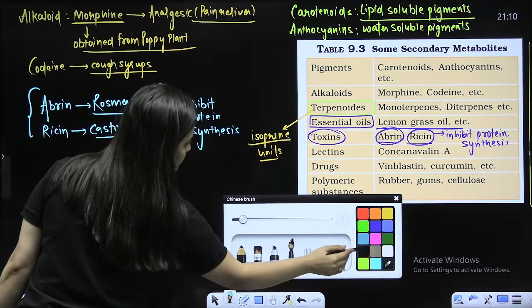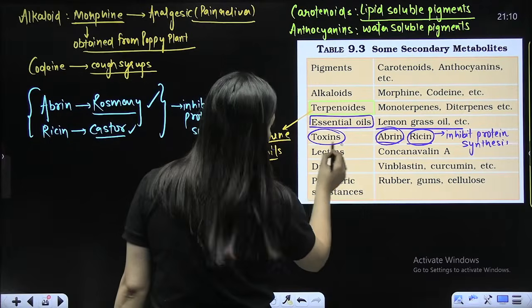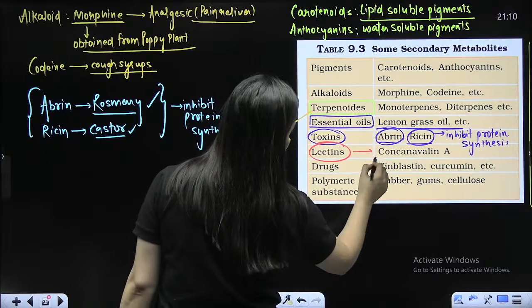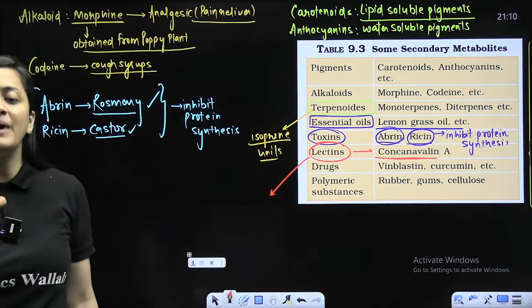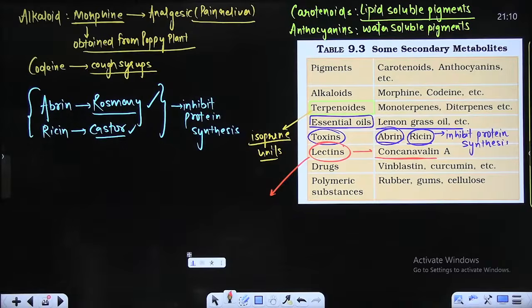Then students, next is the lectin. Lectin is basically concanavalin; this example is given. Lectins basically bind to carbohydrates.